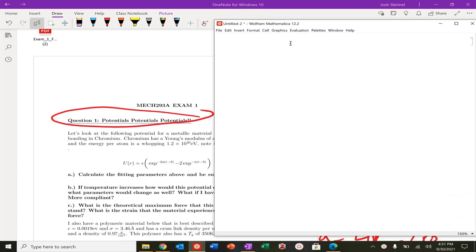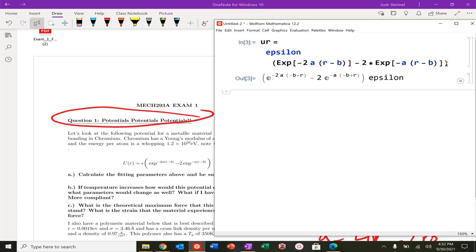So U of R equals epsilon times exponential minus 2 times A times R minus B, and then minus 2 times exponential minus A times R minus B. Let's make sure we close this one here, and then close this one here, and we've got it.